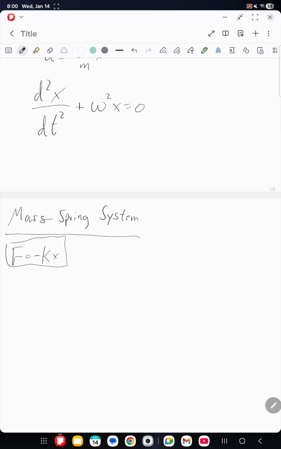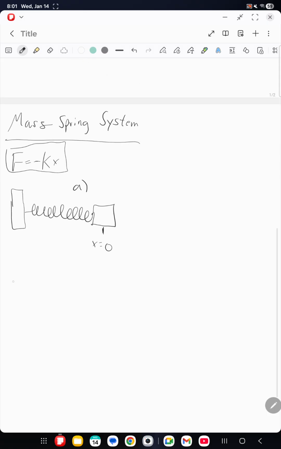You can have something like this: a wall, and then a spring attached to a mass, and let's say this mass is at equilibrium, so it is at x equals 0. This is A. Now when you displace this mass from equilibrium, let's put it right over here.